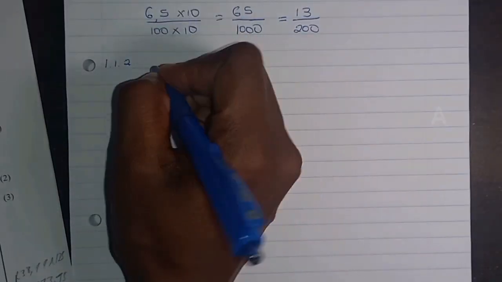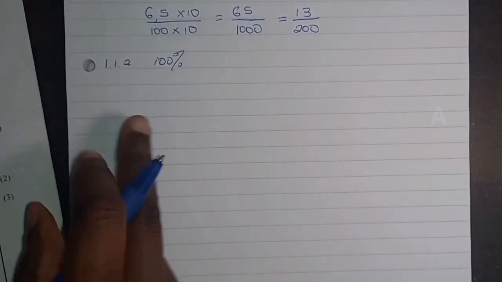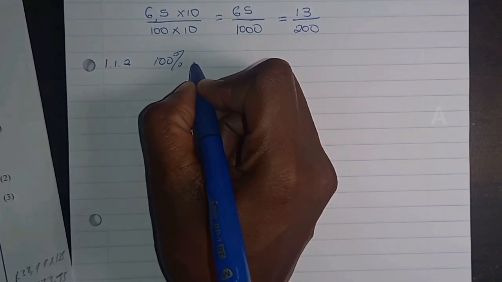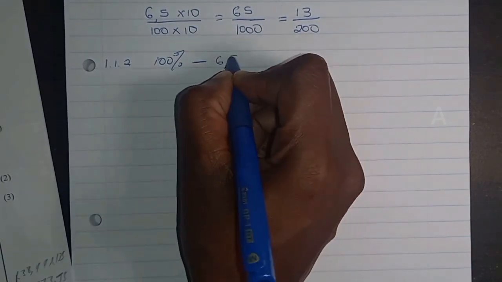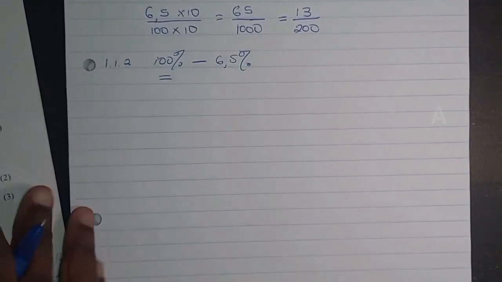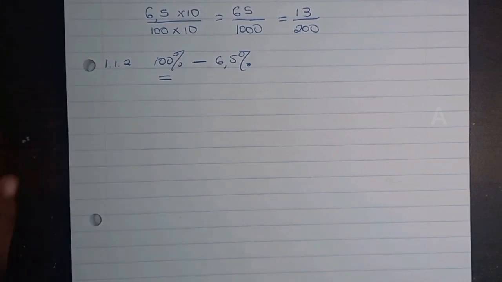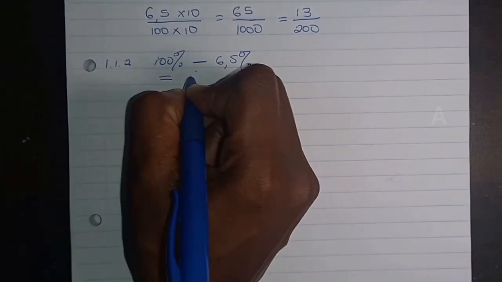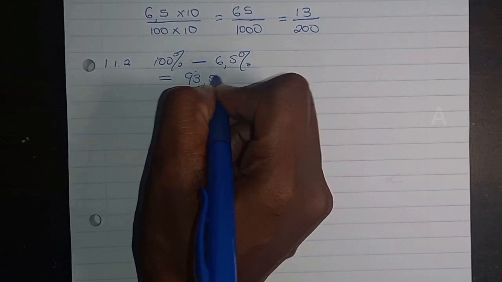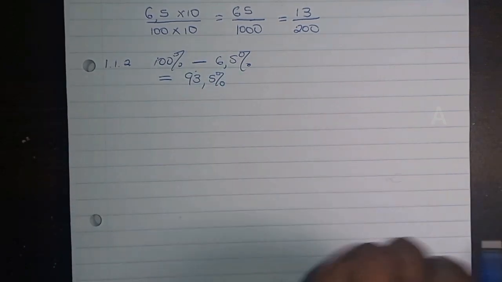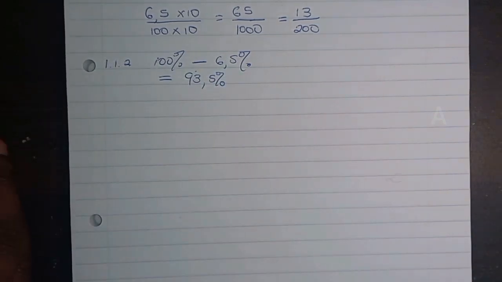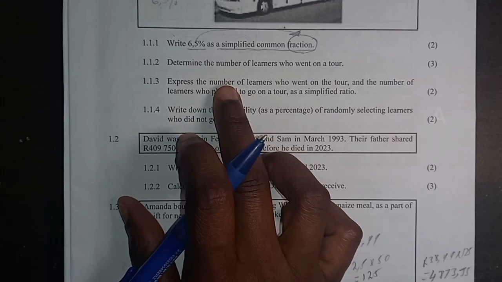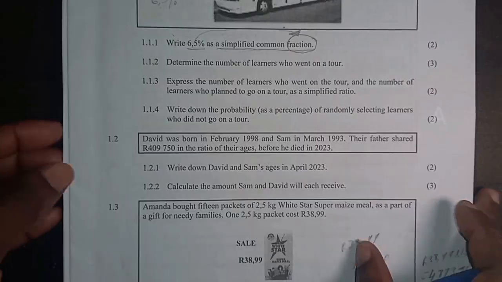I'm going to say 100% learners, which represents the 200, and then less by 6.5%, and then I get 93.5% learners went. Now 93.5% is not a number of learners, it's a percentage. So they said they want to know how many. They didn't say what is the percentage of the learners that went, what is the number of learners who went.